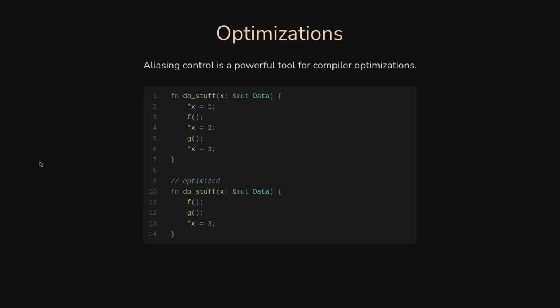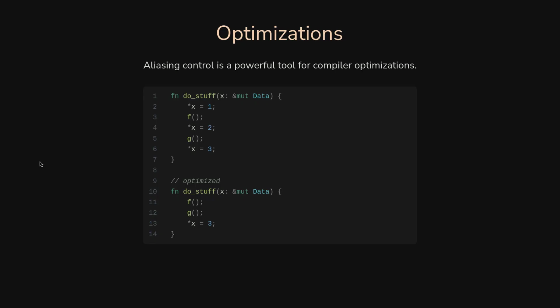So here, for example, you have a function do_stuff that takes a mutable borrow to some data somewhere. And what we do is we assign x to 1, then we call f. Let's say that f is unknown, it could be in another crate, or it could even be a closure that you take. So the compiler knows nothing about f. Then you assign x to 2, and you call another unknown function. And then you assign x to 3.